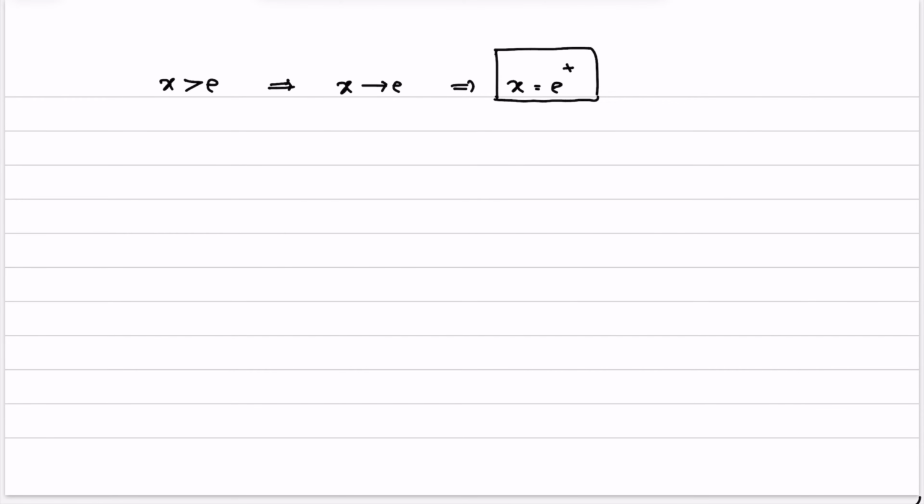So x is equal to e plus a small increment. As x greater than e can be written as x tends to e, but x is equal to e plus some small increment. Please try to understand this.